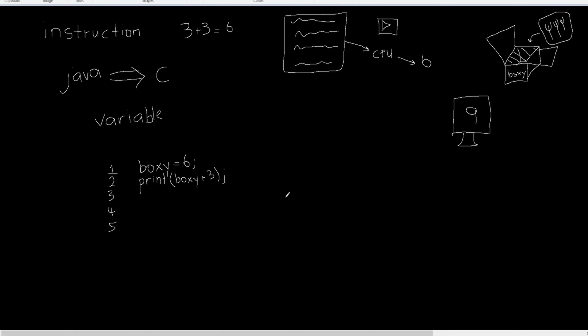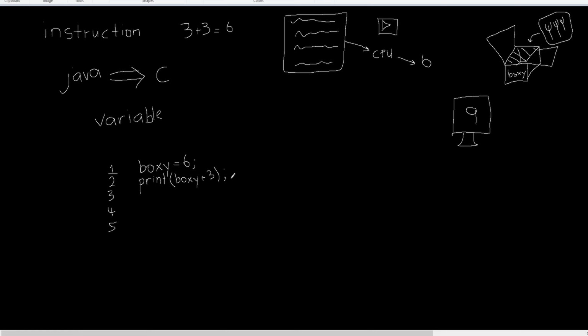And the reason that is because the CPU needs to know basically what each instruction is. And as far as we're concerned, this instruction is separate from that instruction. That's a terrible semicolon, by the way, but it's a semicolon. It's not a letter J. I'll fix it up.